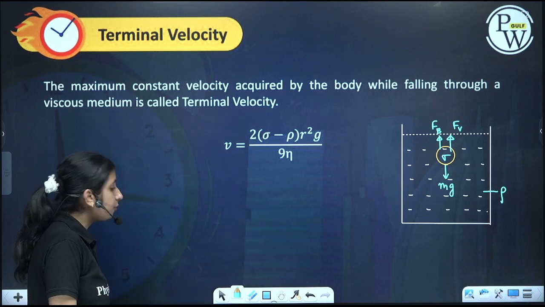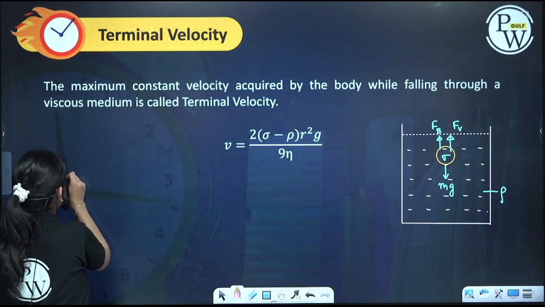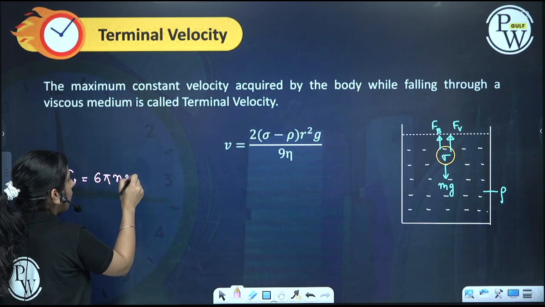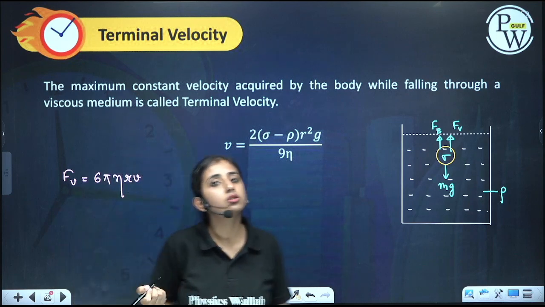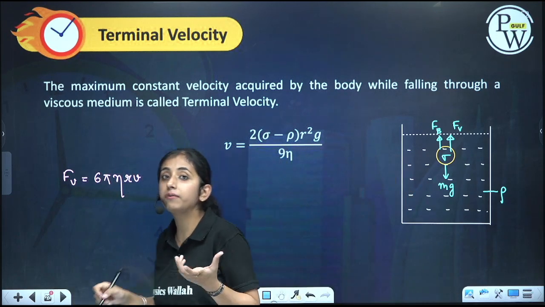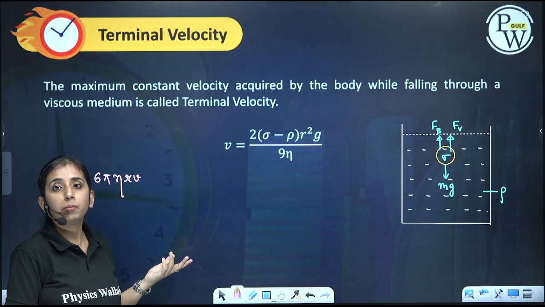Viscous drag will be equal to 6 pi eta rv. Weight and buoyant force both are constant. Initially velocity is less, so mg is greater than Fb plus Fv.